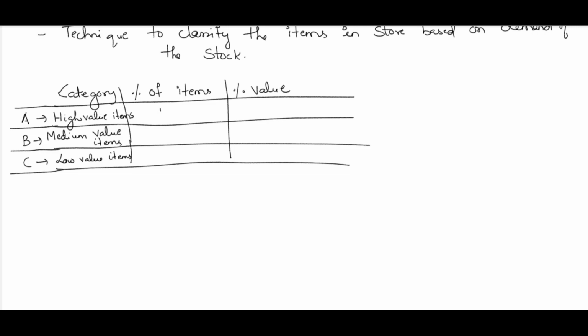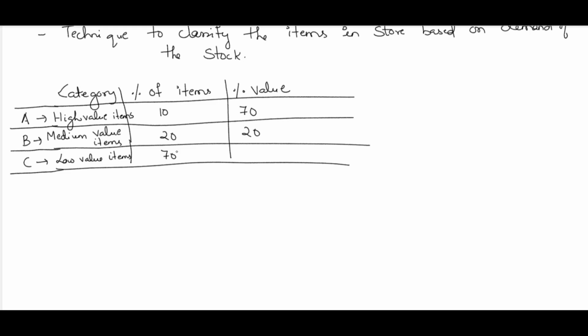It's a rule that the items that belong to category A should be kept at 10% of the total inventory items, because these are very costly. Even if we keep 10% of items, it costs about 70% of the total value blocked in inventory. So that's why it should be limited to 10%. Then comes our B category items.